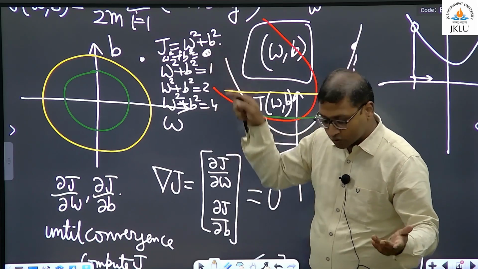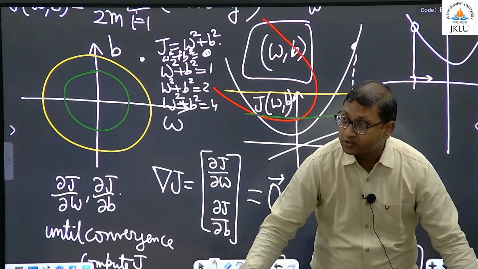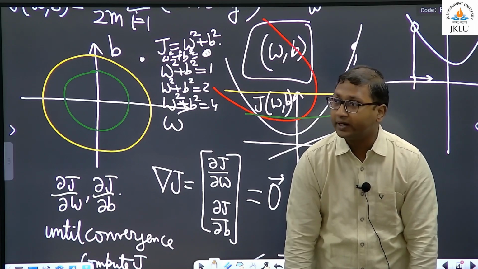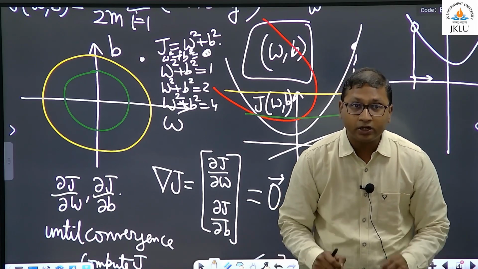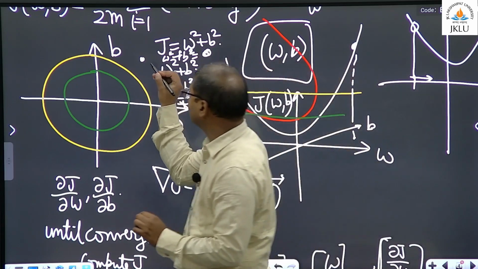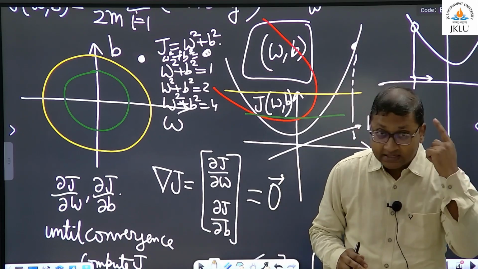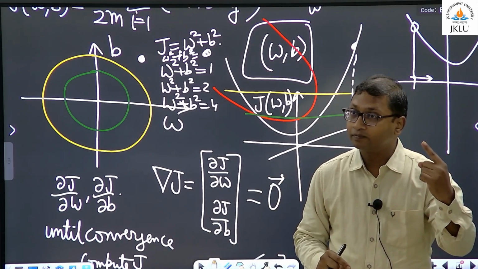All my circles where I can move still lie on the same wb plane. So this point will also lie on exactly one such circle, yes or no?